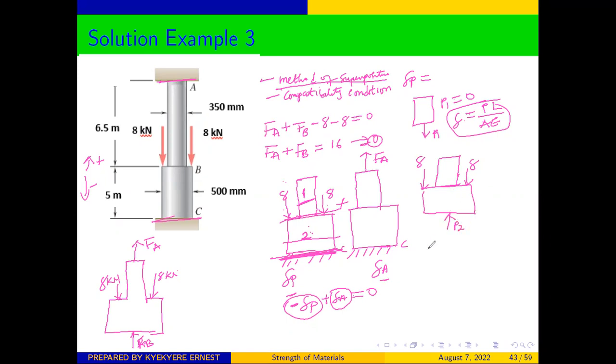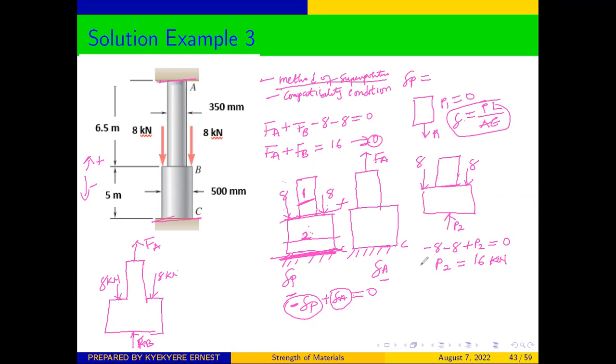So from here, we can say that minus 8 plus P2 should be equal to 0. And from there, we can say that P2 is equal to 16 kilonewtons.